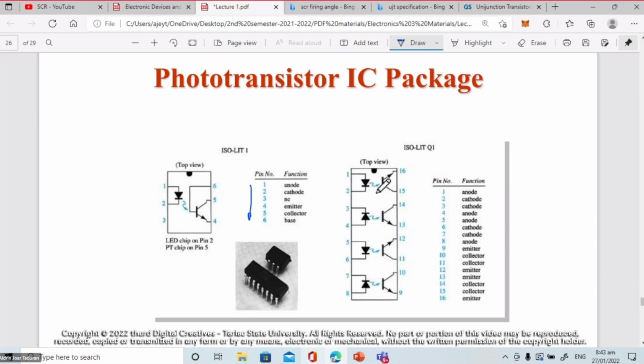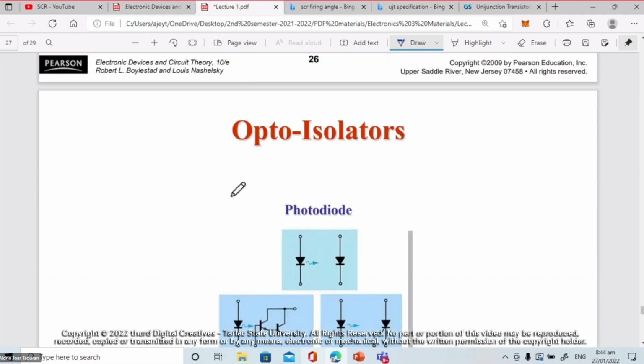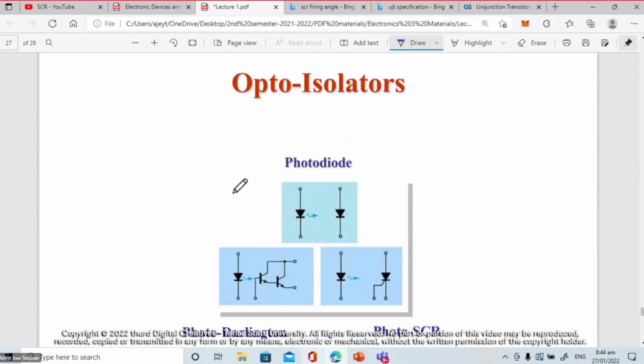Para lang din naman siyang kung meron kang 4 na component, ito isang component lang to. Kasi ito, isa lang yung common, common ground lang.